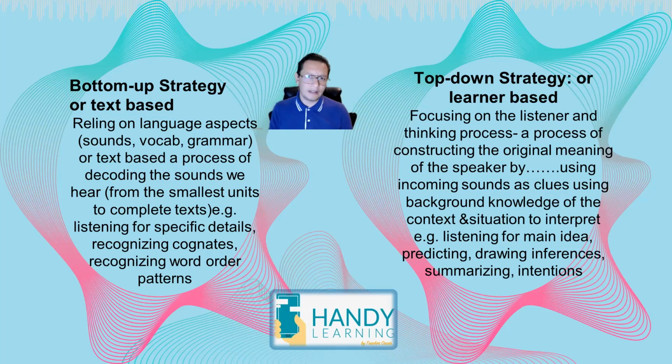We want them to use the skill in real life, in everyday situations. Bottom-up strategy, then, we could say it's more for academic purposes, maybe the preparation for a specific exam. And the top-down strategy is more for real life, for applying it into real situations. Those are the two strategies that can be applied to all the skills.